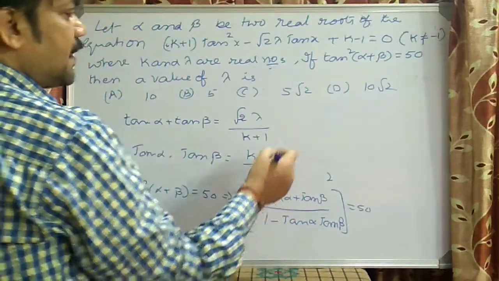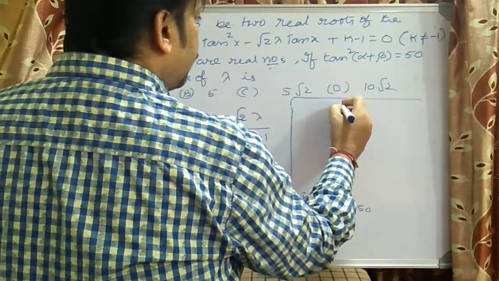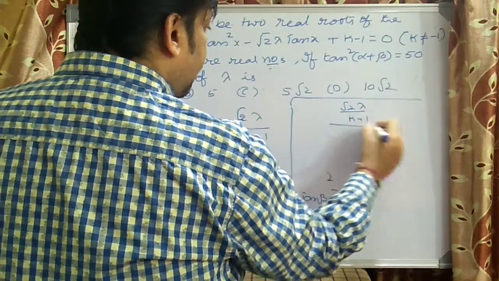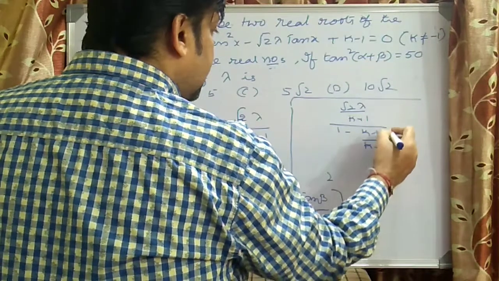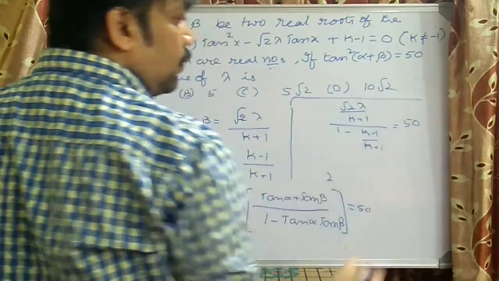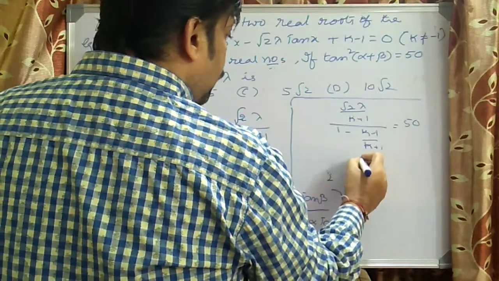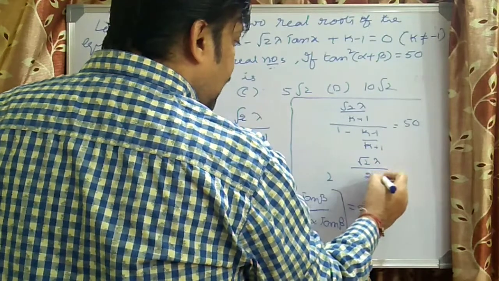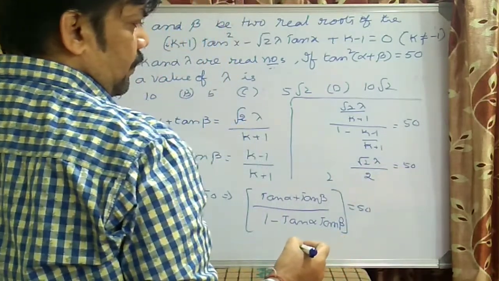So substituting the respective values, I have root 2 lambda by k plus 1, divided by 1 minus (k minus 1) by (k plus 1), is equal to 50. Now taking LCM and cancelling k plus 1 also, I get the denominator as 2, which is equal to 50.